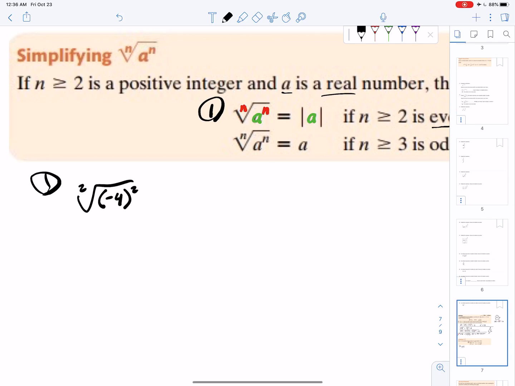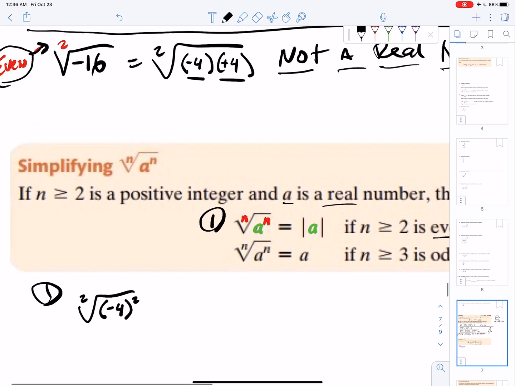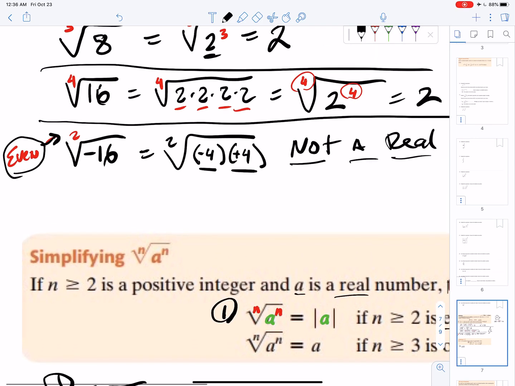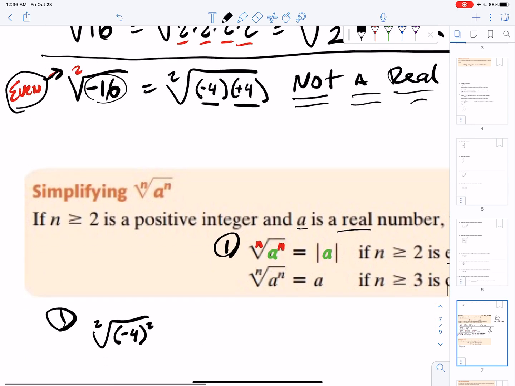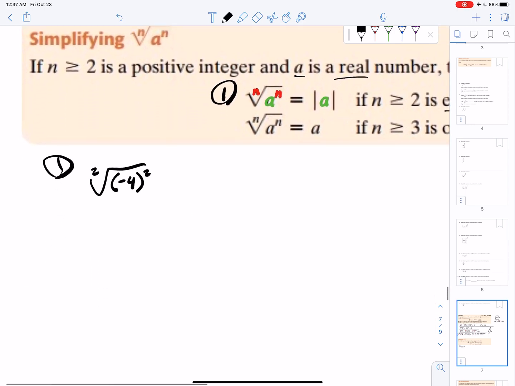squared. Now the difference between this and the last problem I did: that was a negative 16, but it was not being squared, so that is definitely a negative number, and that does produce not a real number. The difference here looks subtle, but it's a big difference. Because this is an actual number, what is negative 4 times negative 4?